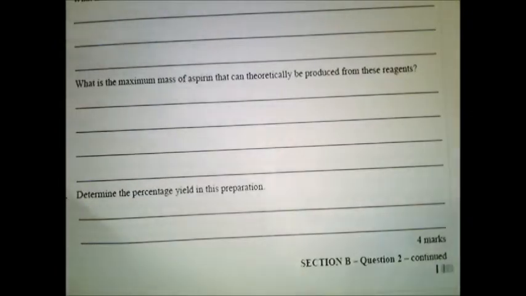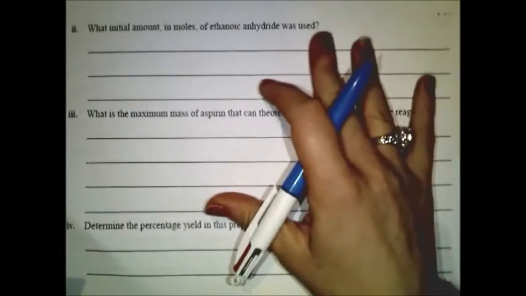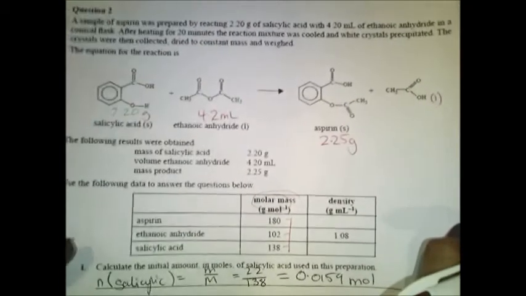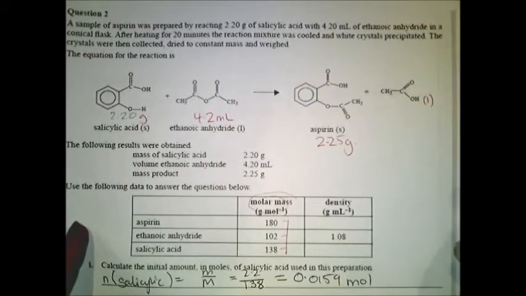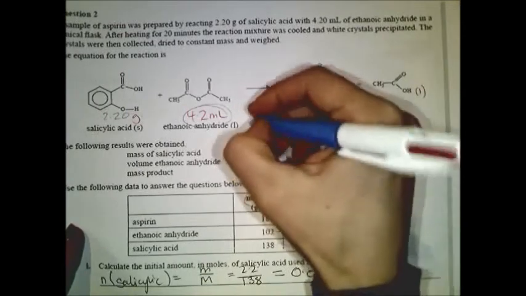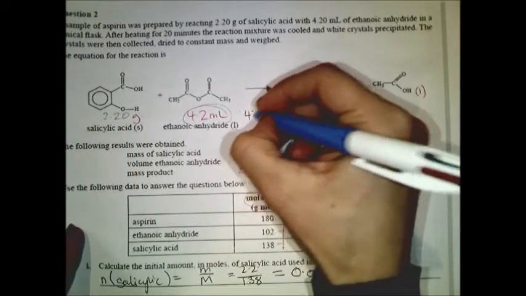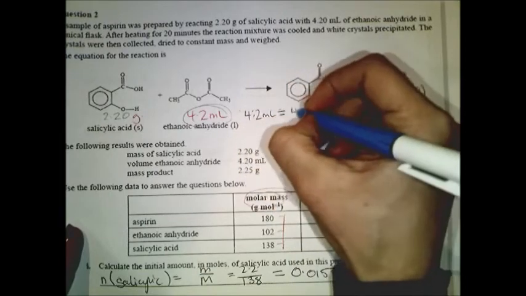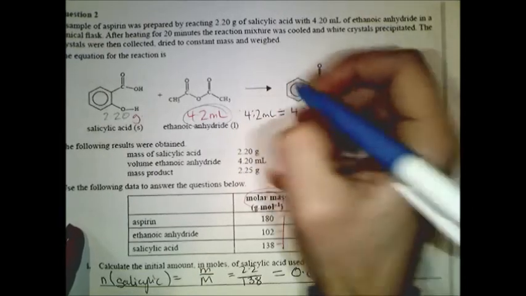Next one: what initial amount in moles of ethanoic anhydride was used? Well, we're only given mL of ethanoic anhydride. We know it's pure, but we can't assume a density of water, i.e. we can't assume 4.2 mL equals 4.2 grams like we can with water.